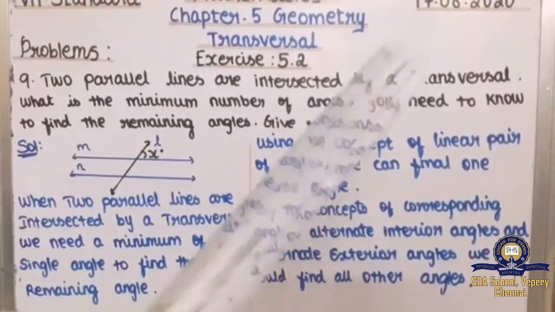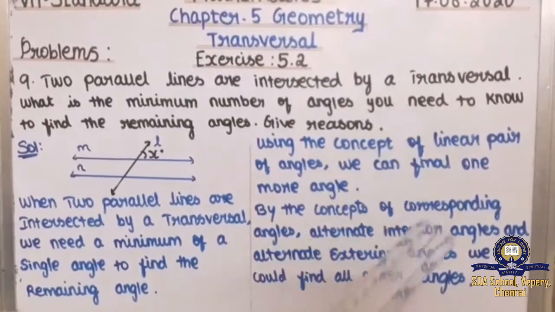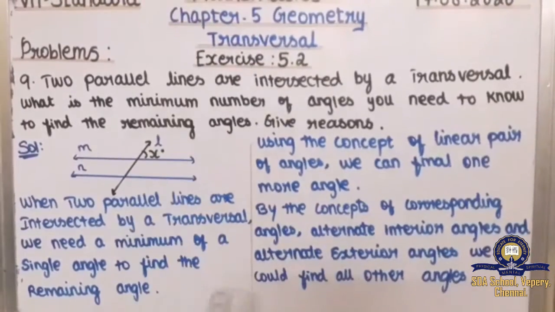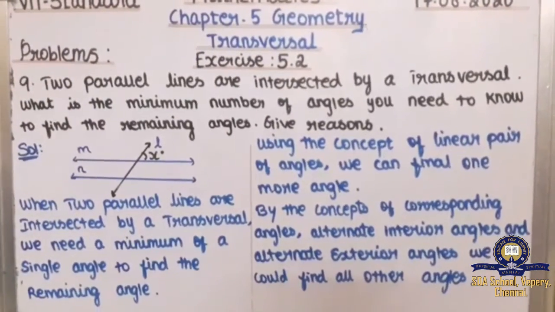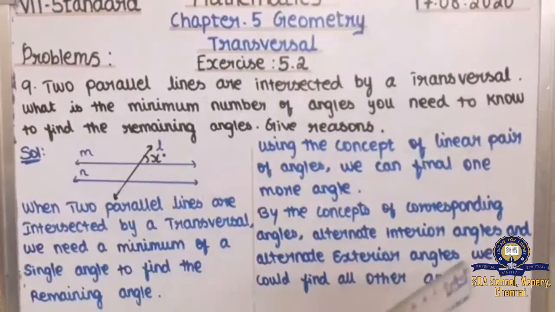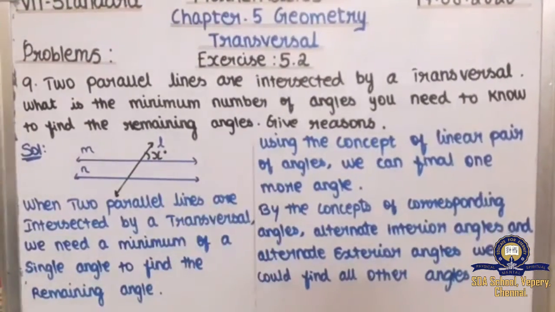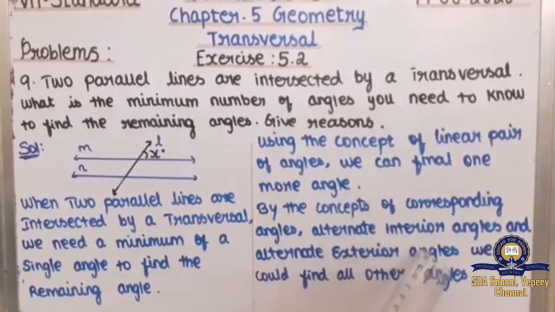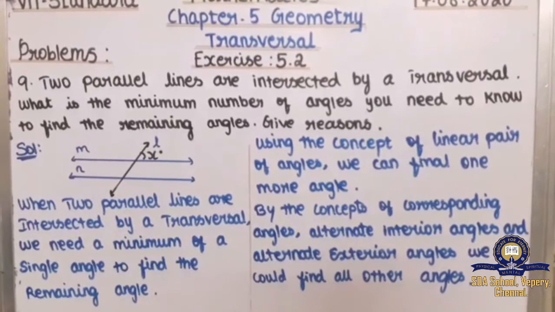So by the concept of corresponding angles, alternate interior angles and alternate exterior angles, we are able to find all the other angles. So this is the question given here, and we can find the minimum number of angles, and we also find the remaining angles by the concept of corresponding, alternate interior and alternate exterior angles.